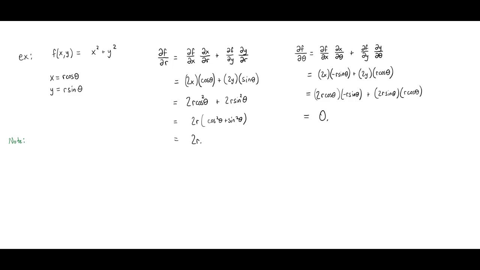What we could have done is, starting with f, subbed in for x and y directly first. So then this would be like thinking of f as a function of r and theta right now.